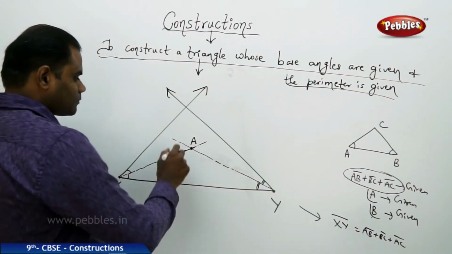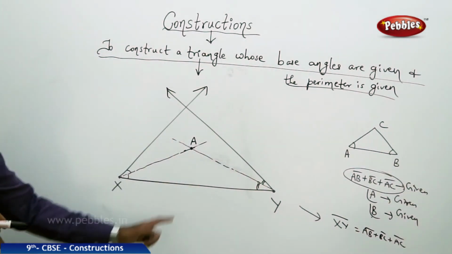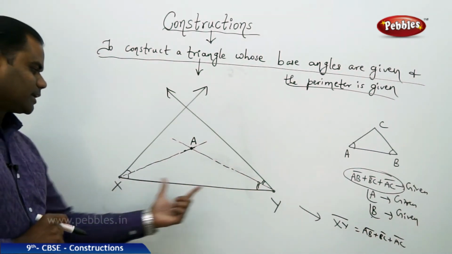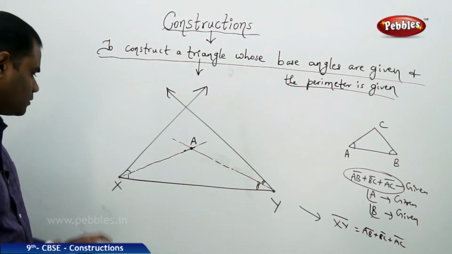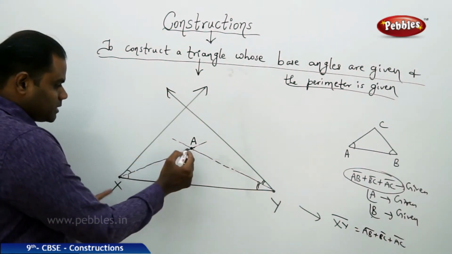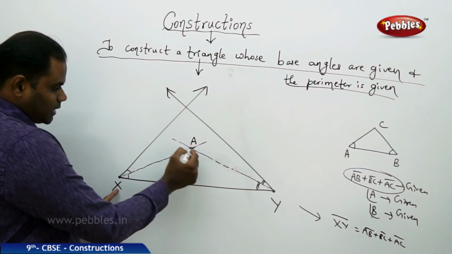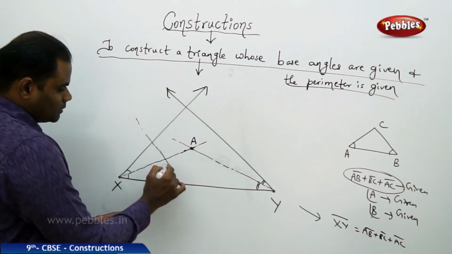Now, after I get the point of intersection of the two angular bisectors at X and Y which meet at A, I take the perpendicular bisector for XA. So let me take the distance XA or AX and draw the perpendicular bisector.